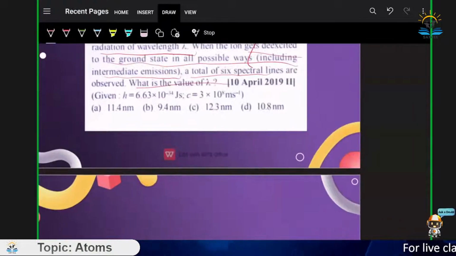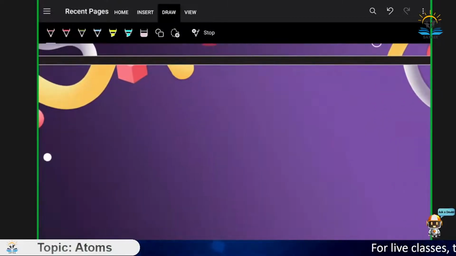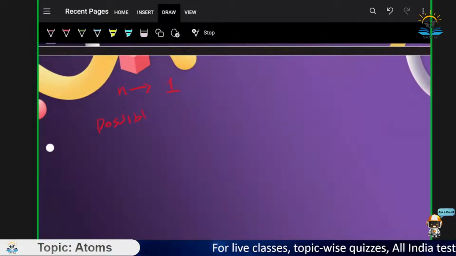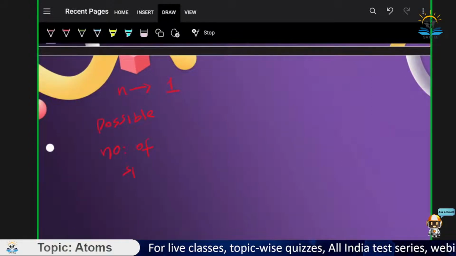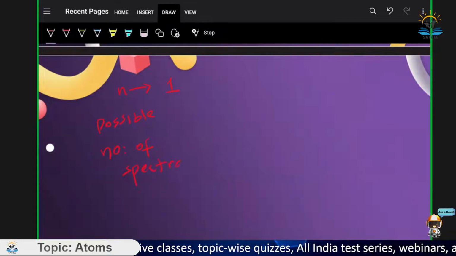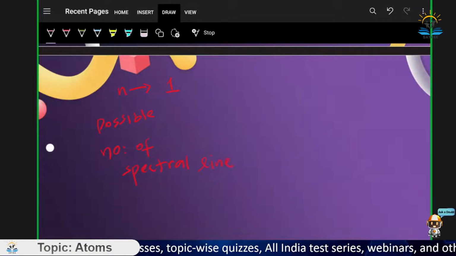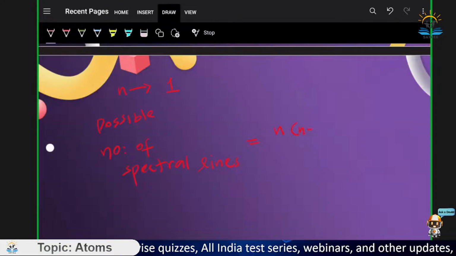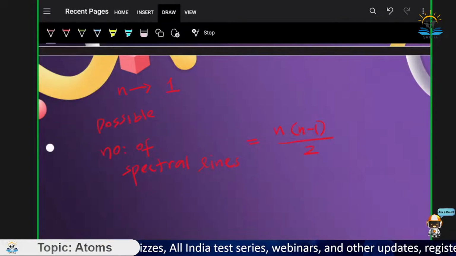We know that if the electron is de-excited from n to the first orbit, n to 1, the possible number of spectral lines will be equal to n into n minus 1 divided by 2.